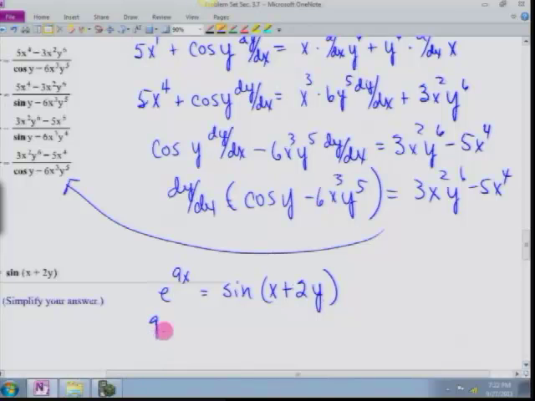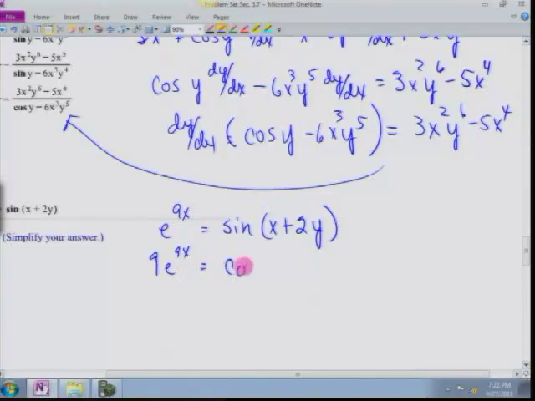So we got 9e to the 9x equals, what's the derivative of sine? Cosine of x plus 2y times what is the derivative of this thing? 1 plus 2 dy dx. Okay, you're good with that?